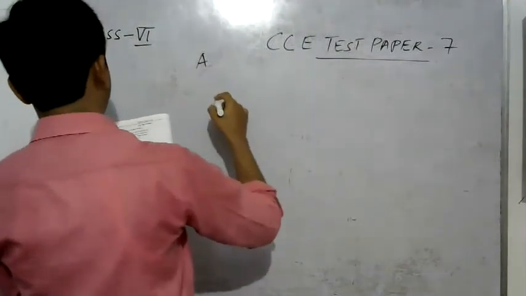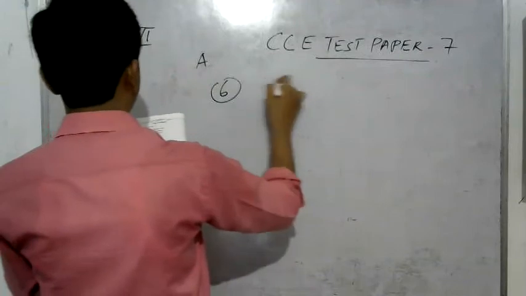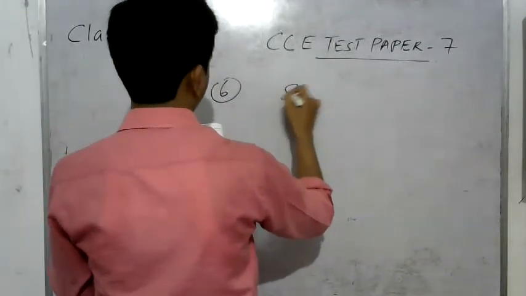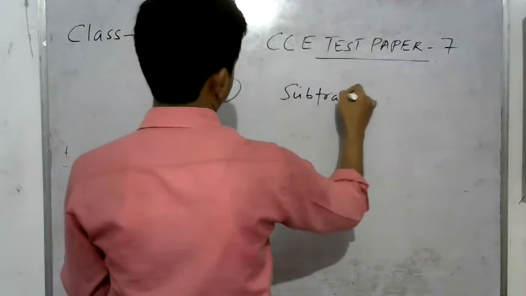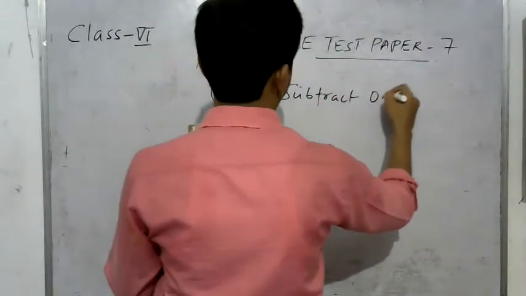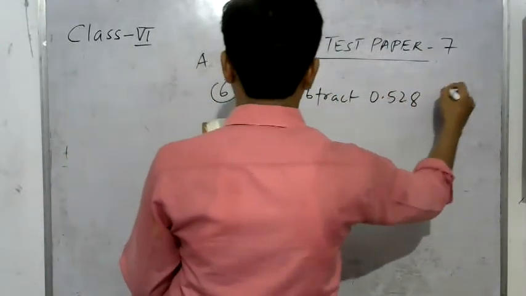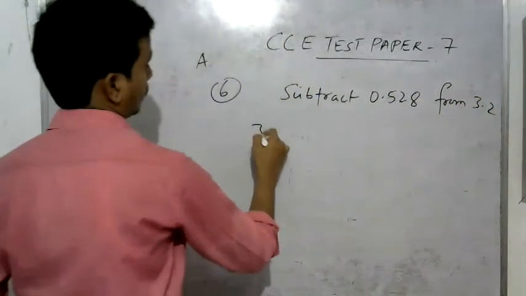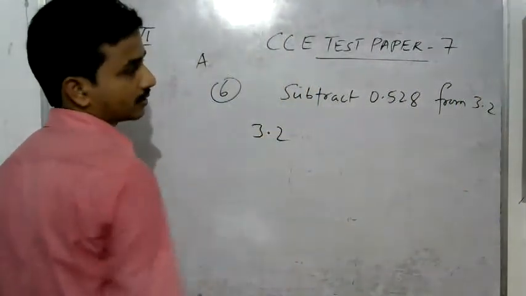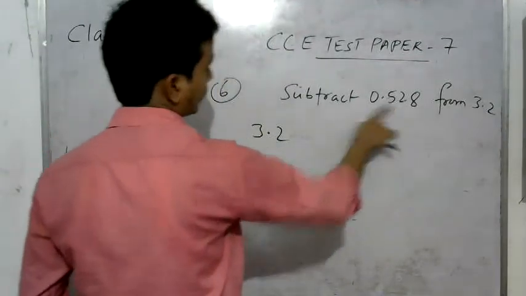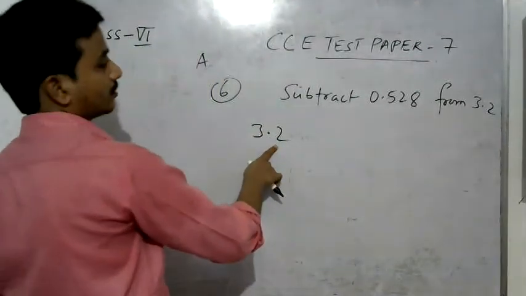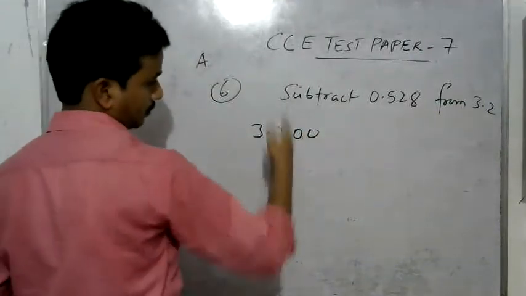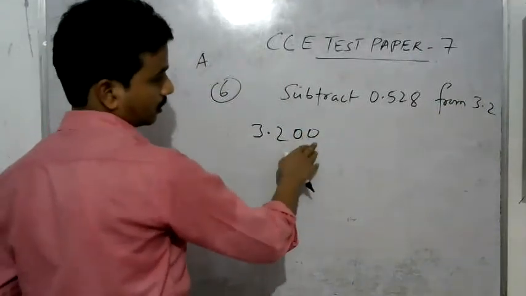See question number 6. Subtract 0.528 from 3.2. So 3.2, this is unlike decimal. 0.528 has 3 decimal places, so we have to make 3.2 a decimal of 3 decimal places. So you have to add 2 zeros here.